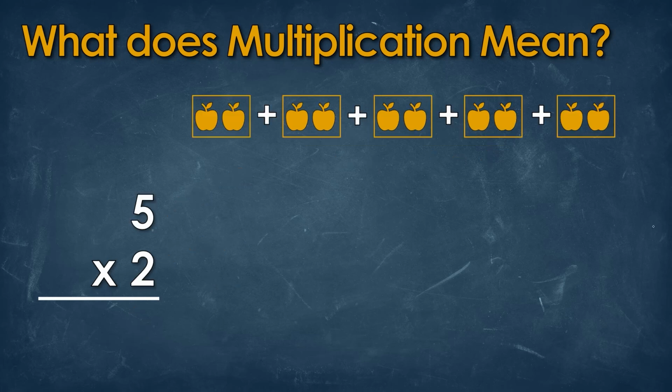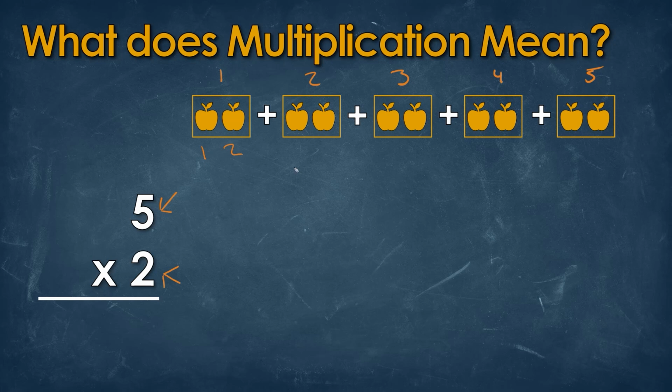So now let's take a look at this example. So whenever we see multiplication, we're taking a look at 5 groups with 2 sets of apples in each group. We see that here. We have a total of 5 groups, and each one of these groups has 2 apples.